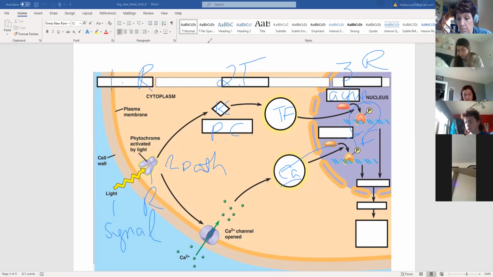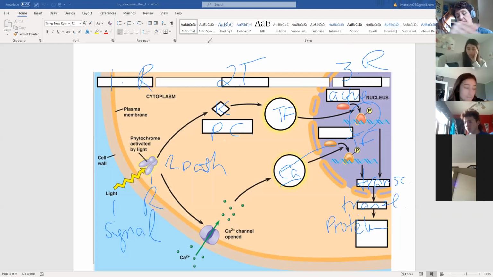So you've activated multiple genes, and in the end, when you activate a gene, you're making a protein. This step is transcription. This step is translation. Transcription made the RNA, and then making the protein from the RNA at the ribosome is translation.